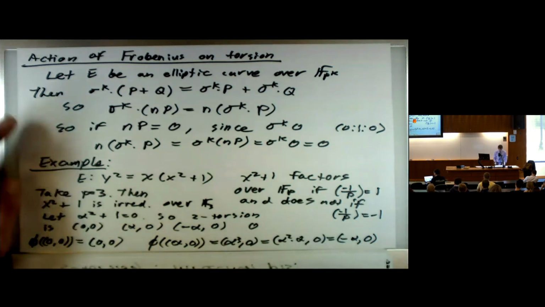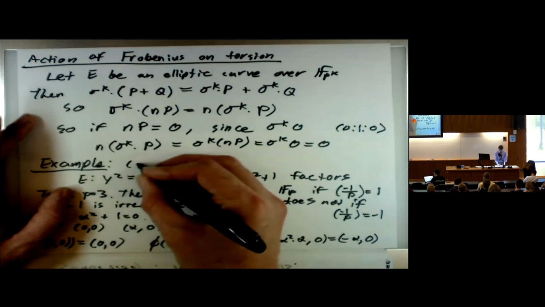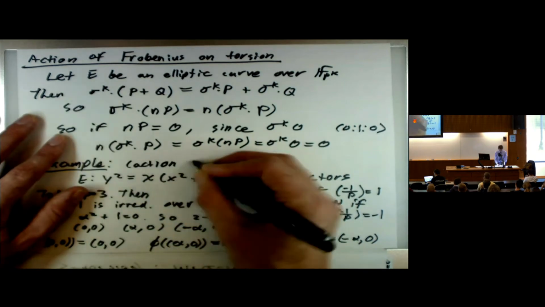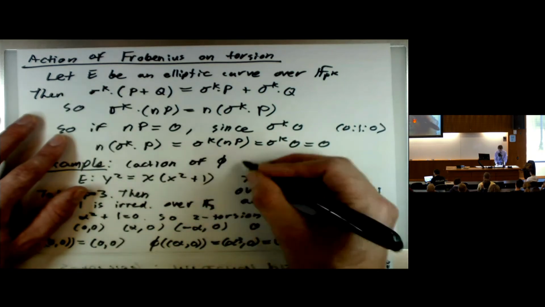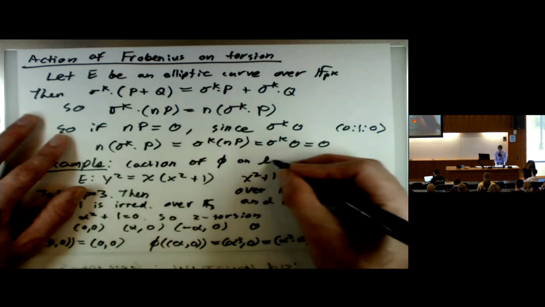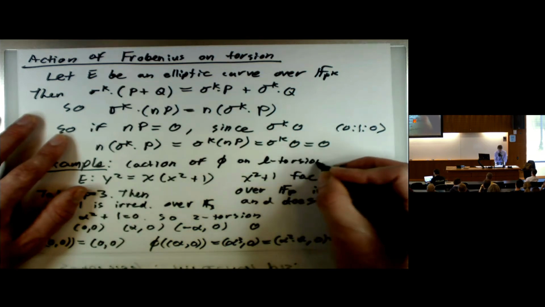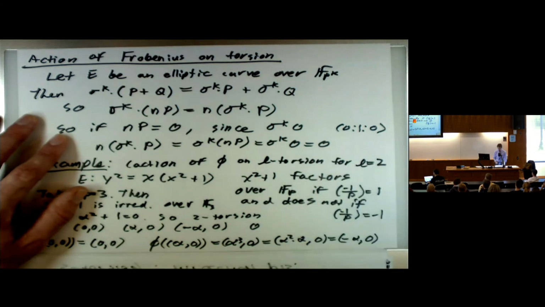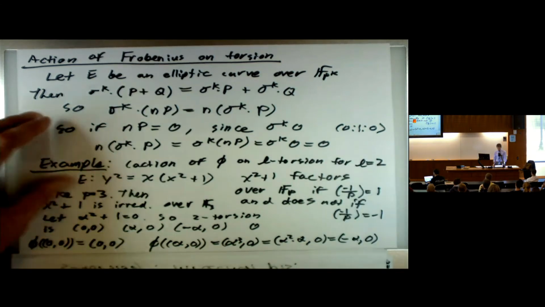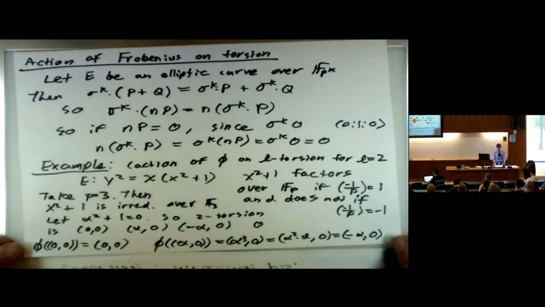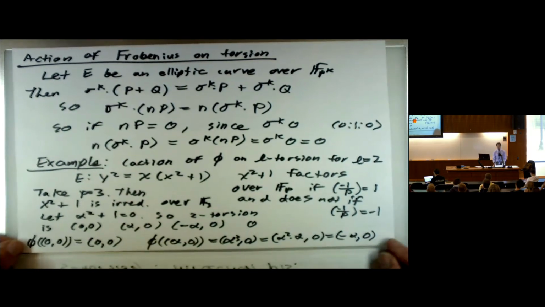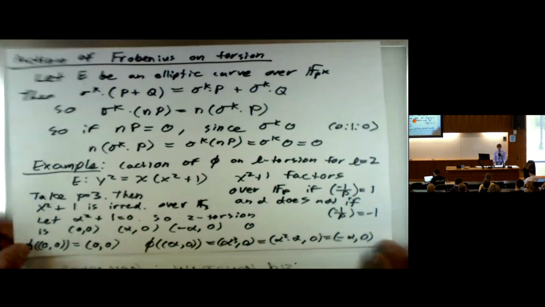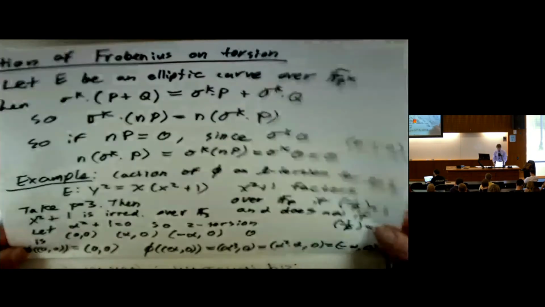So this is the action of phi on L-torsion for L equals 2. And that's important. It does not give you the full action of Frobenius, but it gives you a piece of the picture.